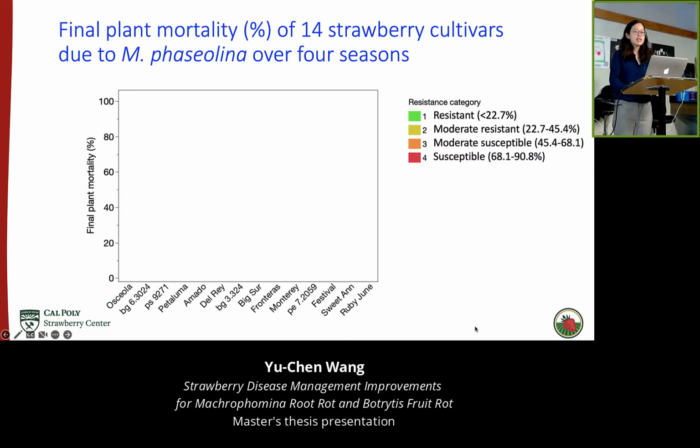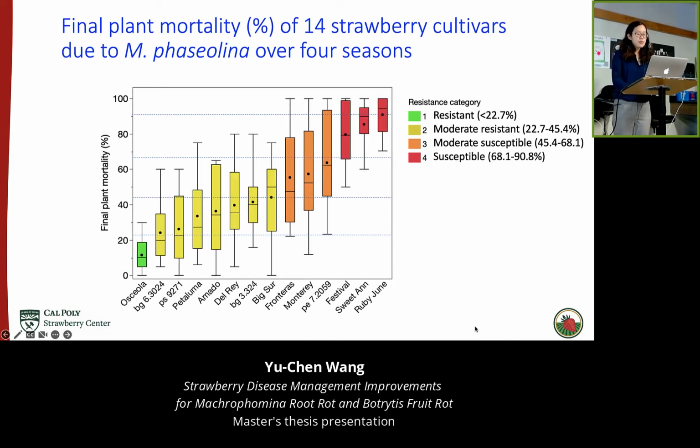I categorize them based on the average final mortality over the 4 seasons into 4 resistance categories. Resistant is when the final mortality is below 22%, moderate resistant is 22% to 45%, moderate susceptible is 45 to 68%, and susceptible is up to 90%. These values come from dividing by 4 the highest number I have, so they are equal for each range.